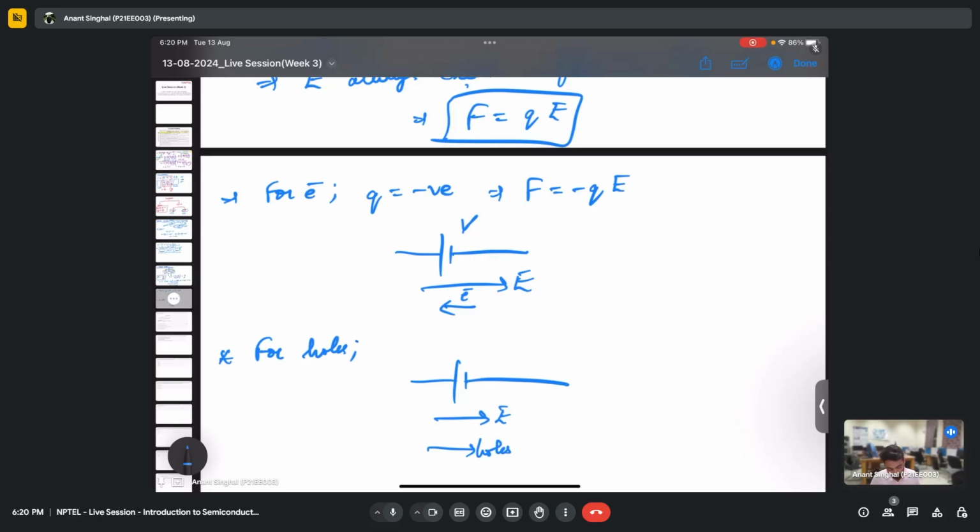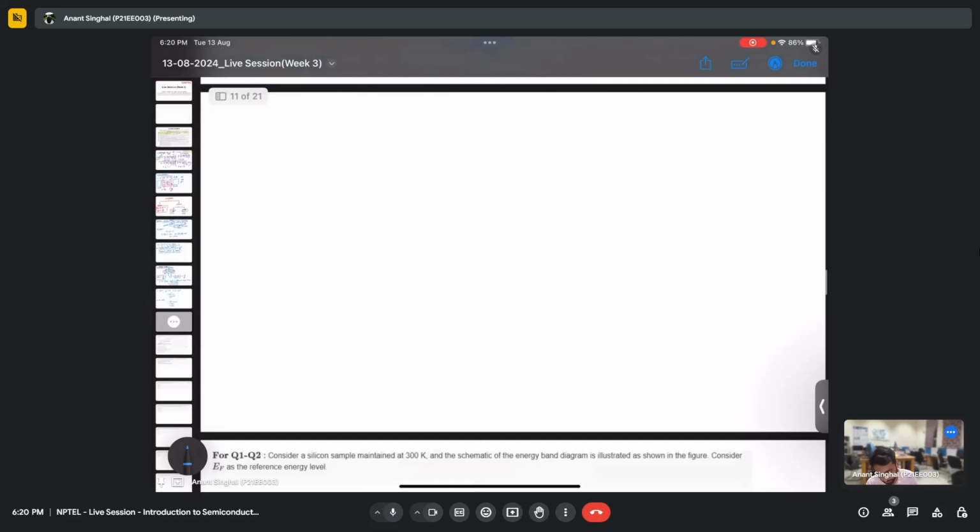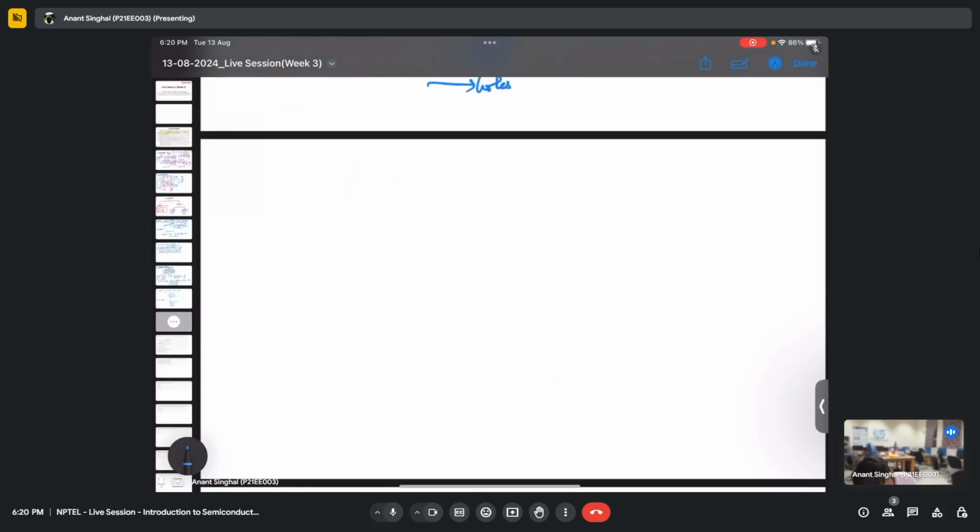Now, we have a certain velocity of charge carriers. Once we have applied an electric field, the carriers move, as we all know. We can define the velocity of charge carriers in two types. One is the thermal velocity.